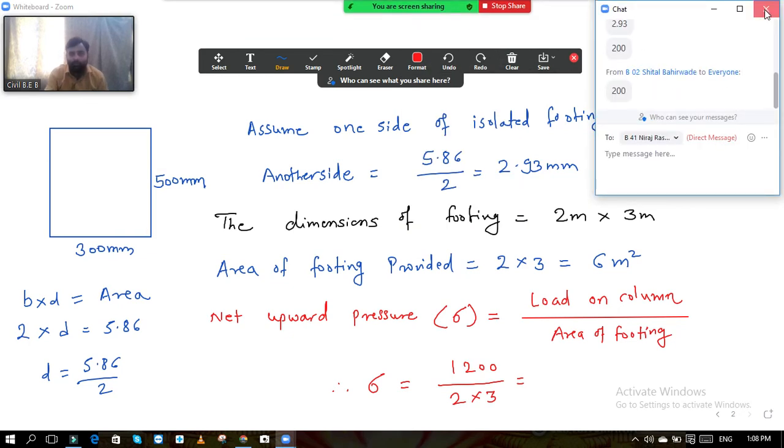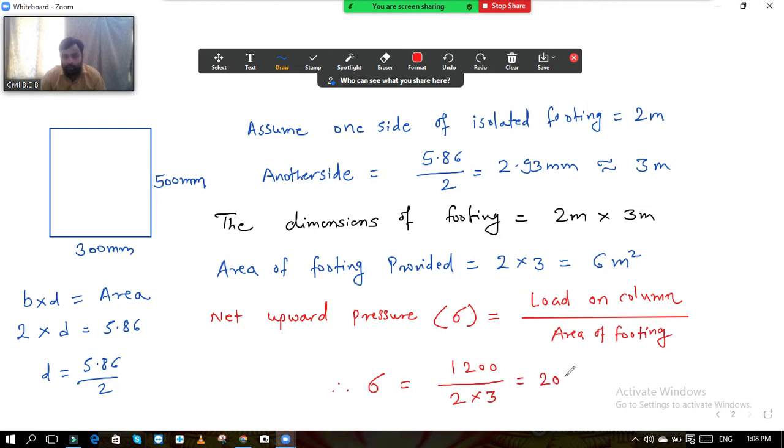Okay, so 200 kilonewton per meter square. This is the intensity of upward soil pressure.